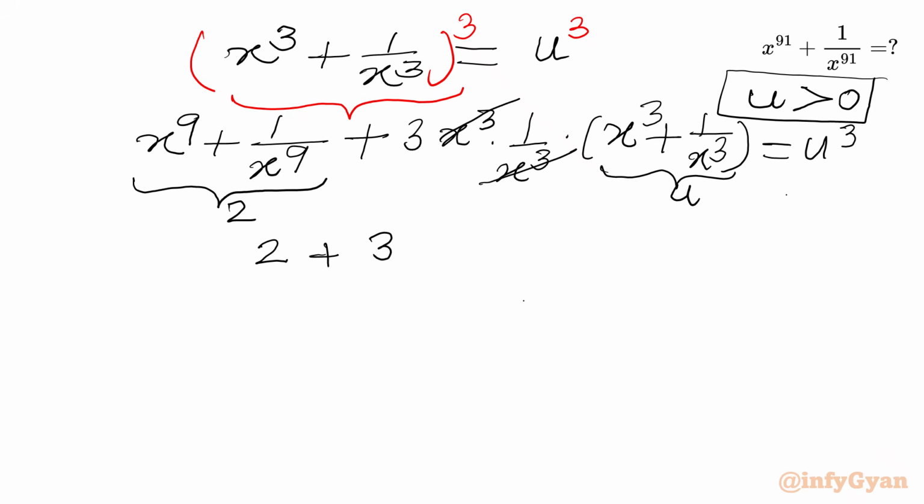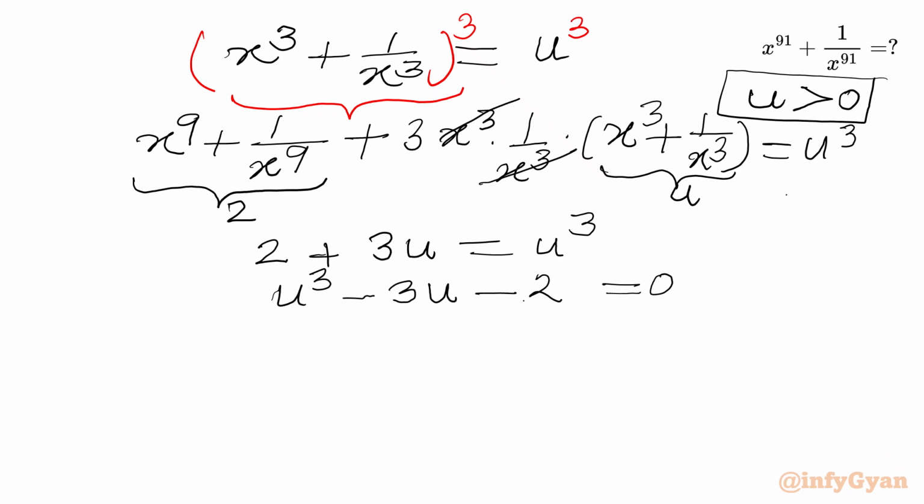So we'll write 2 plus 3u equal to u cube, or u cube minus 3u minus 2 equal to 0. Remember, u is positive for x to be real. Now we have to solve this cubic equation.